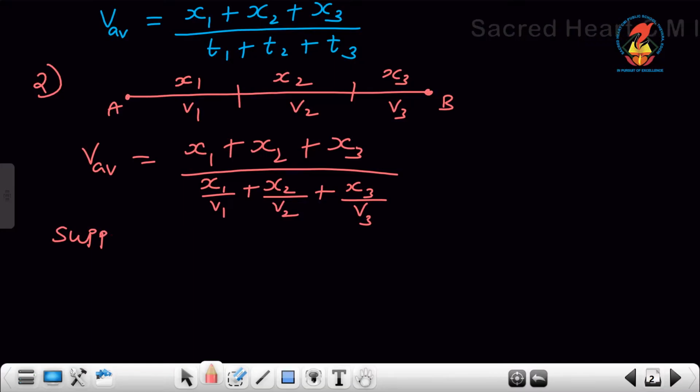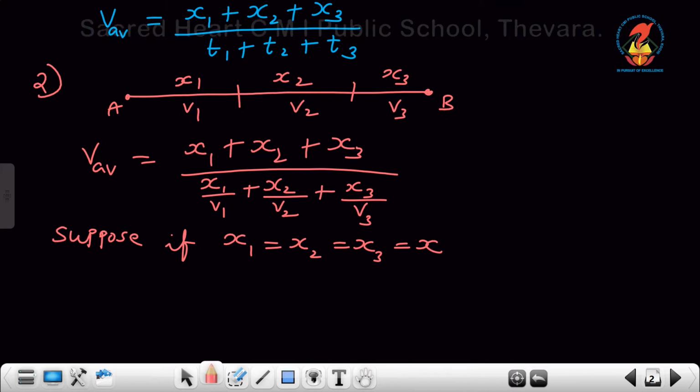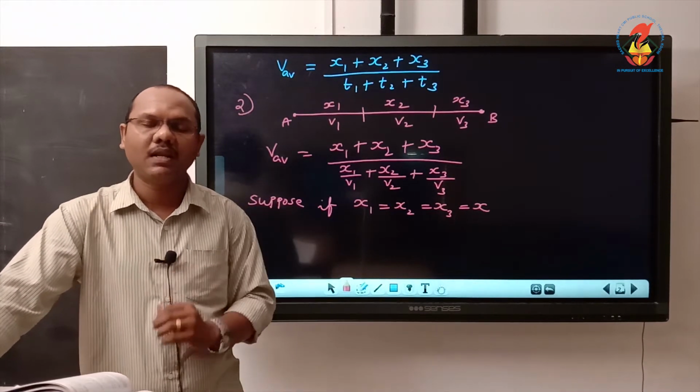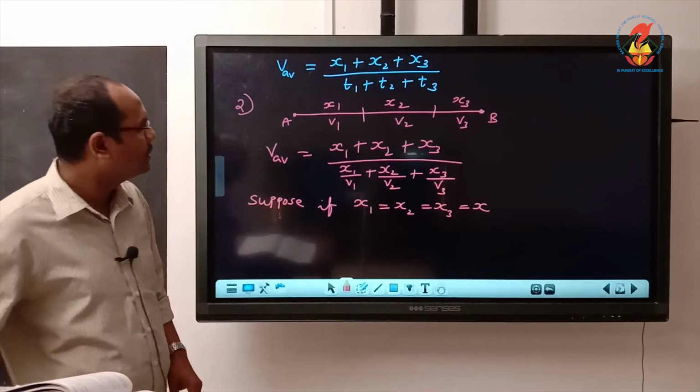Suppose all the distances travelled are equal, so I write like this: x1, x2, x3, all of them are equal to x. That means the distance travelled is equal. When the distances travelled are equal, what is the change in the equation?